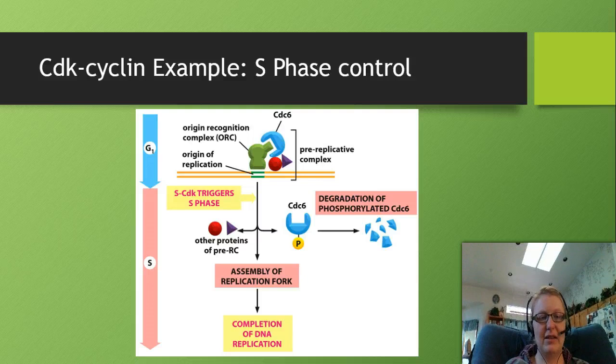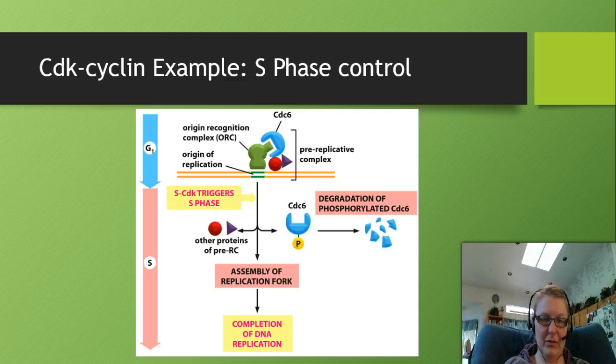What this does is it helps recruit the components, but it doesn't start it yet. Once the S-CDK is activated, it will trigger the other proteins and everything to show up and take that CDC6 apart so that then the rest of the replication can continue.